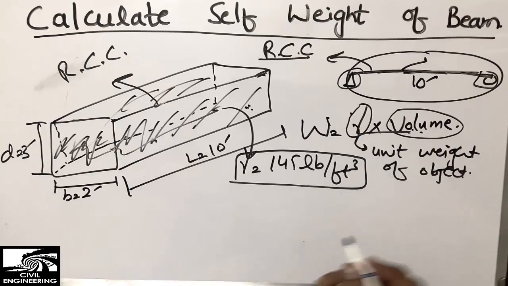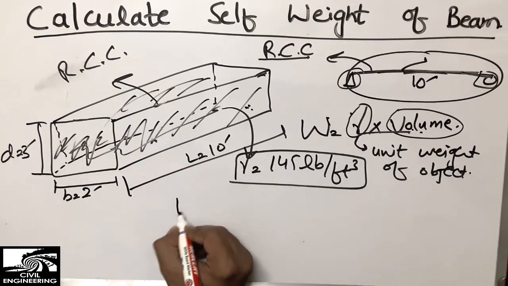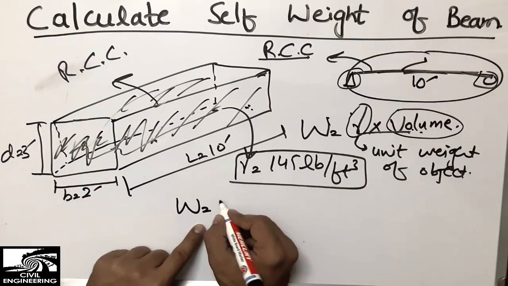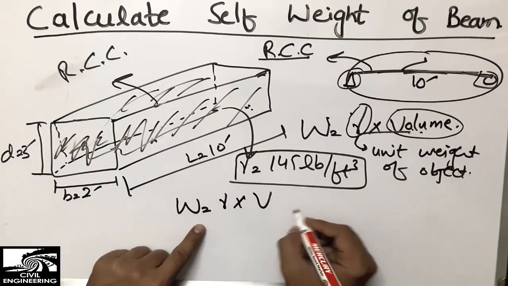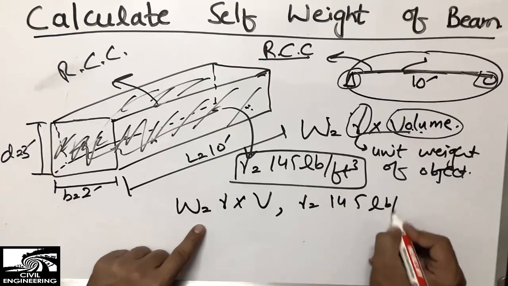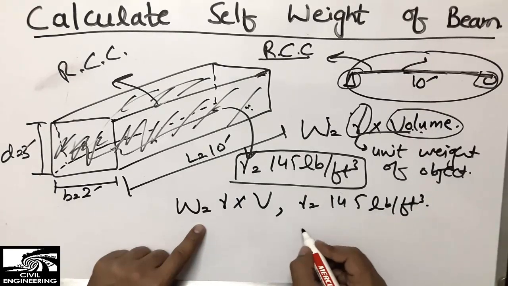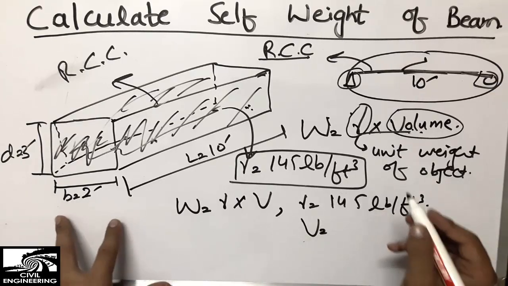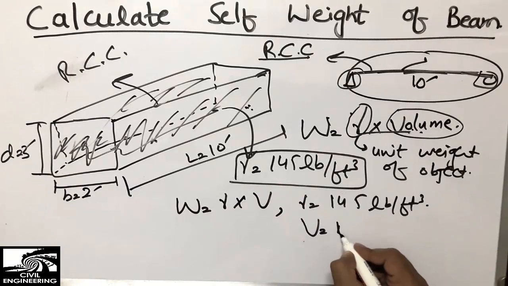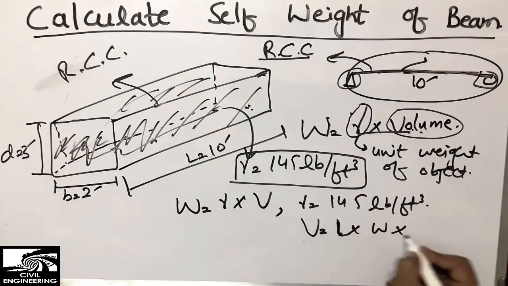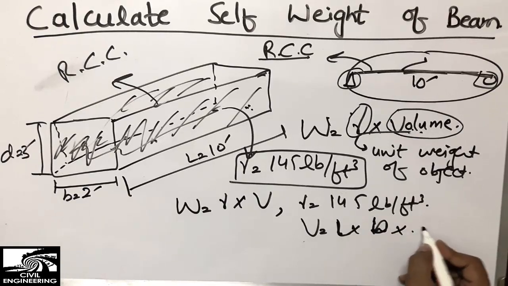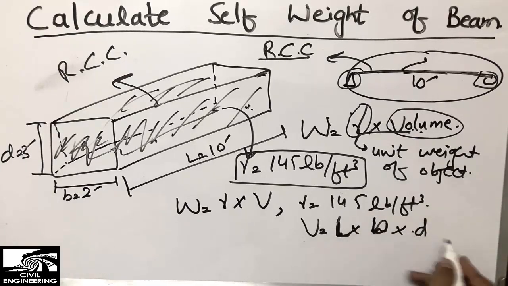So now by doing the calculation, the weight is equal to gamma, and the gamma value is 145 here because reinforced concrete is used, and the volume will be length into width into height, like length into width into depth.